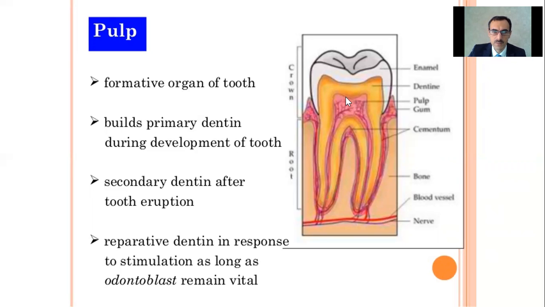Pulp builds the primary dentin during the development of the tooth, because you know the bodies of the odontoblasts are located in the peripheral zone of the pulp. And you know the pulp includes the blood vessels and nerves, and they play a very important role in the nutrition of the tooth.